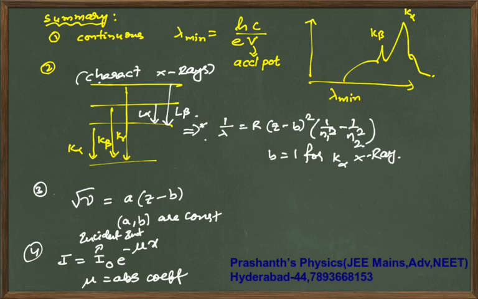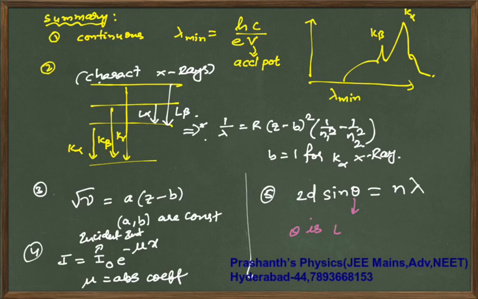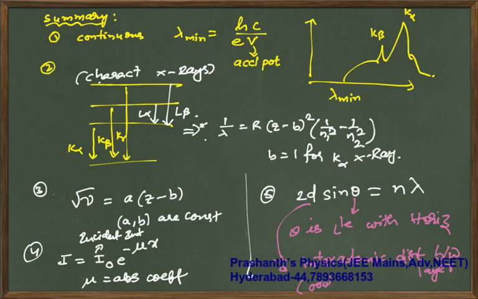Then you have Bragg's law, which is 2d sin theta is equal to n lambda. Here I told you to remember that theta is the angle with the horizontal, and d is the interatomic distance between the layers, usually in the order of angstroms.